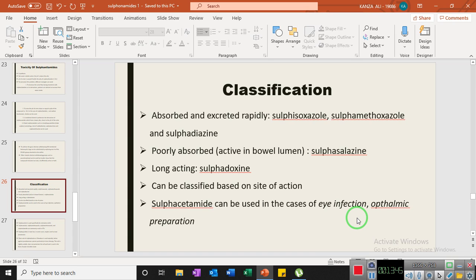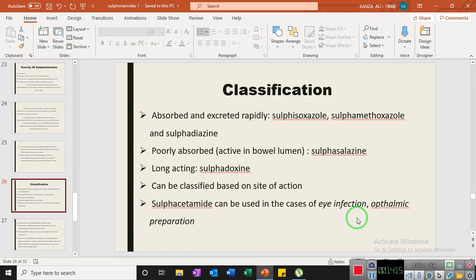Then we have classified the sulfonamides on different bases. One is on the basis of pharmacokinetics, that is absorption and excretion of the molecule.